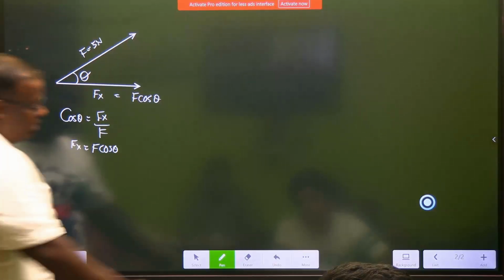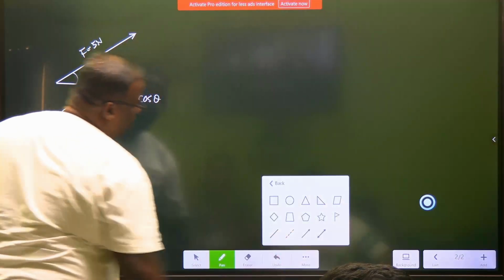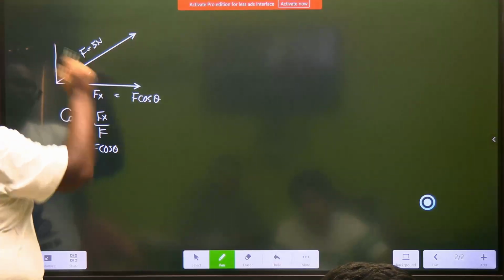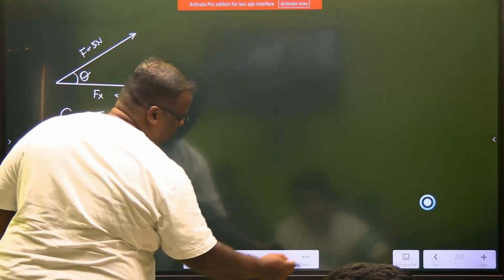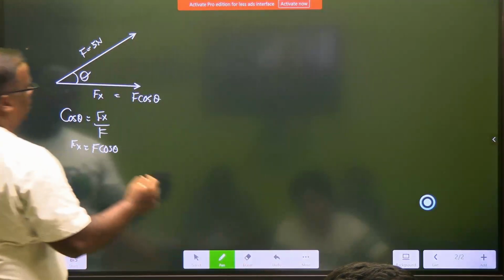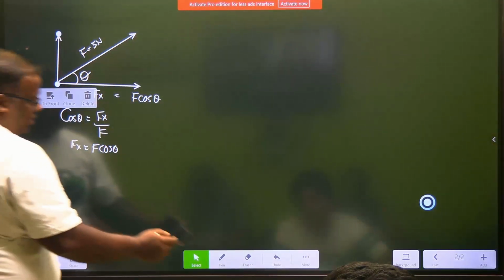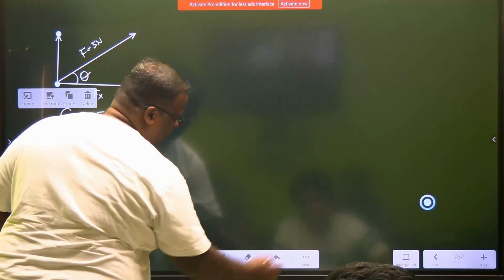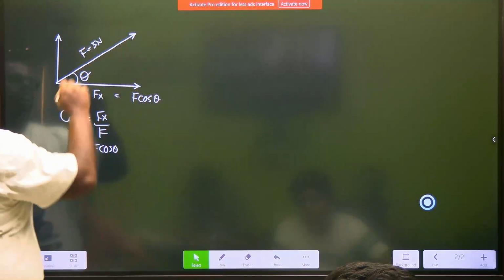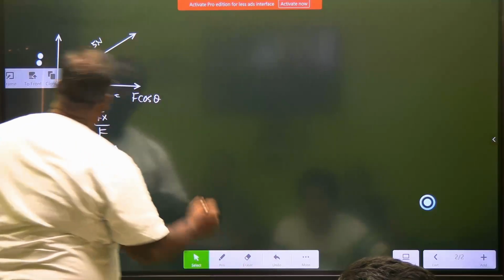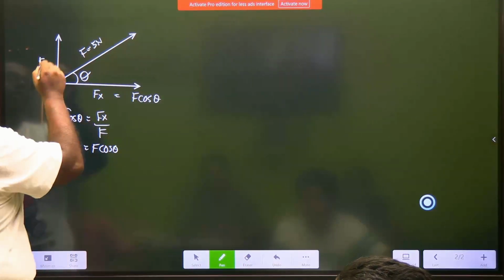And similarly, if somebody told you to find the value of the vertical component, Fy, you find the component of this.